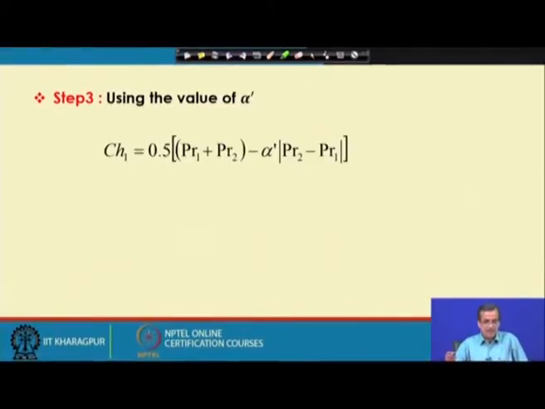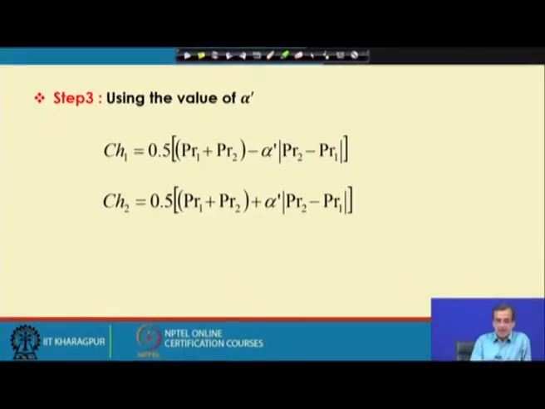Now, using the value of this alpha prime, I can find out the children solution. To find out the two children, what we do is consider the average of the two parents, that is parent 1 plus parent 2 divided by 2, and then alpha prime multiplied by the mod value of the difference between the two parents P r 2 and P r 1.